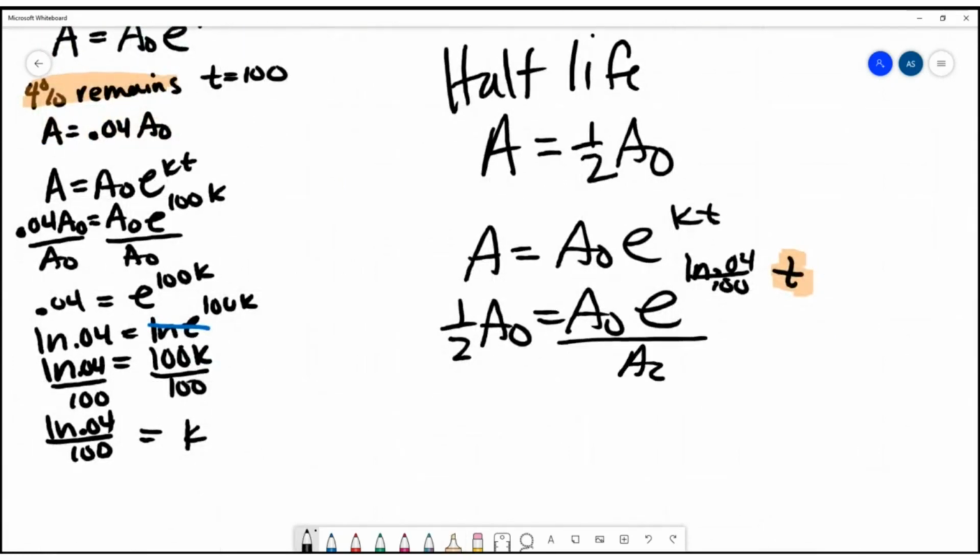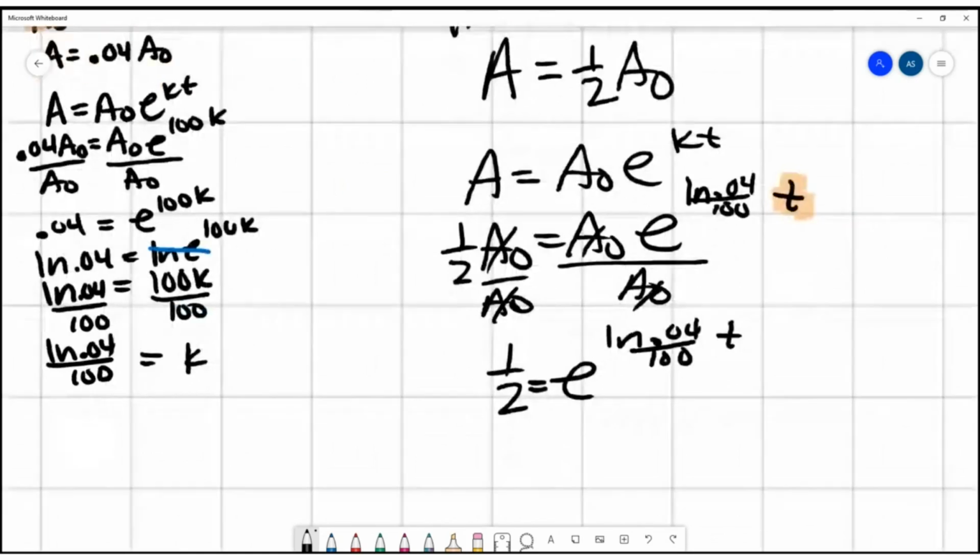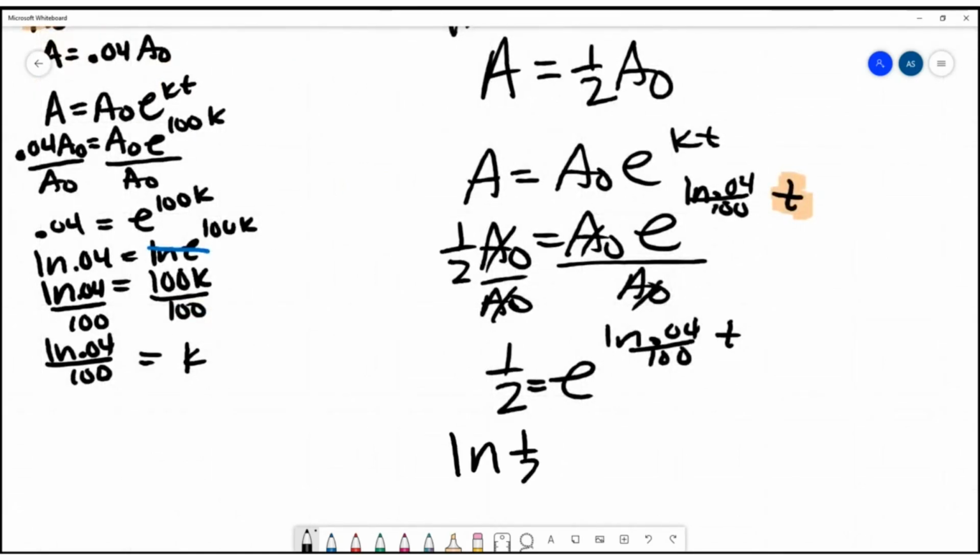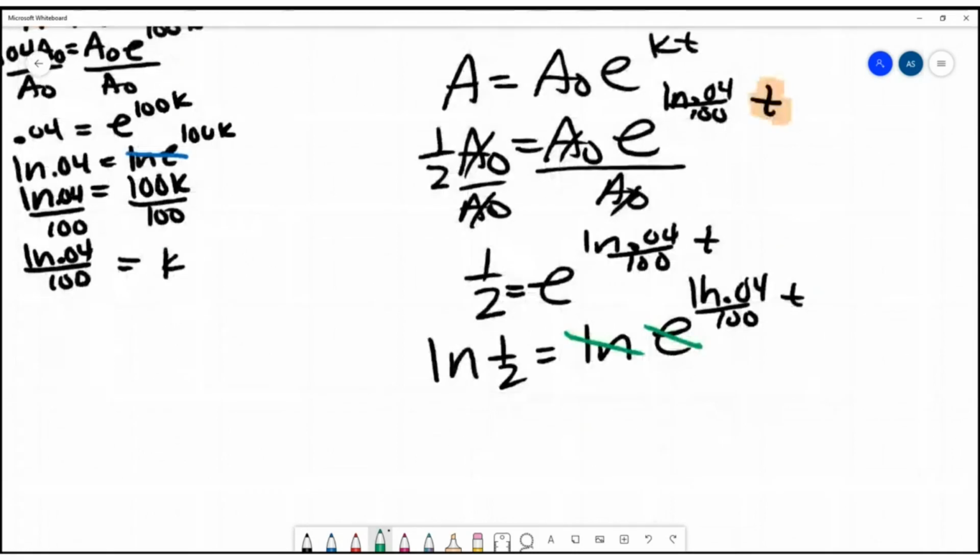I divide both sides by A naught, and they cancel. I have 1/2 equals e to the natural log of 0.04 over 100 t. I'll take the natural log of both sides. Natural log and e cancel each other out.